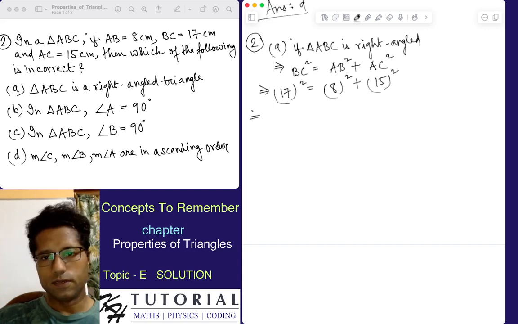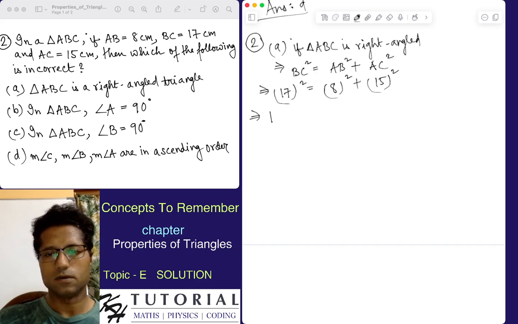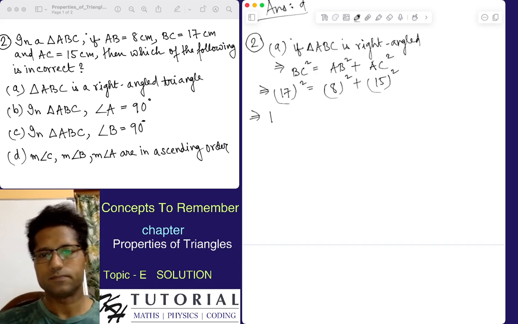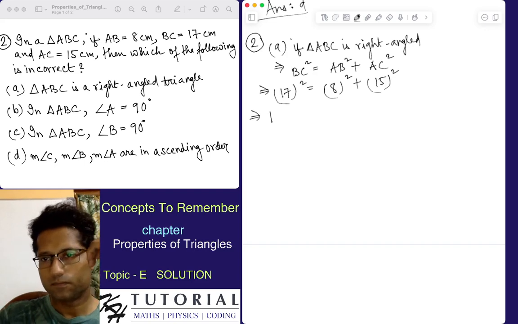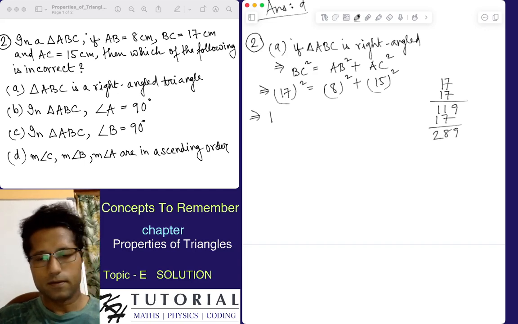Now 17 square I guess is how much? 17 square is 189. No, 17 square is how much? 289.